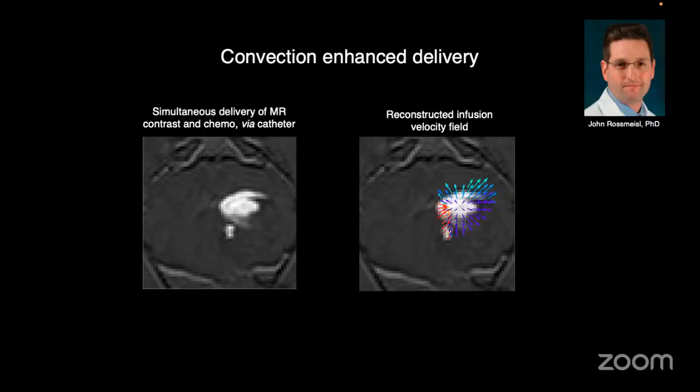Anyway, this is an MRI of a dog of a vet neurosurgeon, John Rossmeisel, where we've started doing some of these convection-enhanced delivery therapies for dogs that have brain tumors. We do the analysis, get the fluid flow map, take that transport set of equations, and run it forward to see where the CED should go.